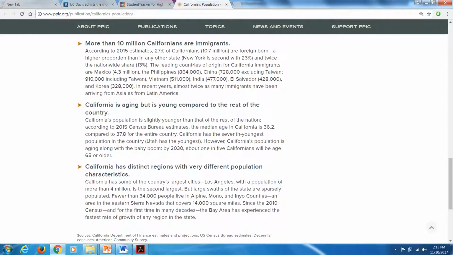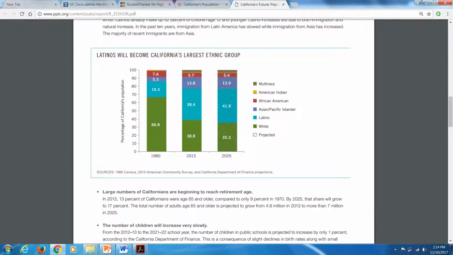So let's just keep going. Again, this talks about how the Latinos will be the biggest ethnic group in 2025. 42% of the California population will be Latinos, white will be 35%, Asians 14%, and African American 5%.